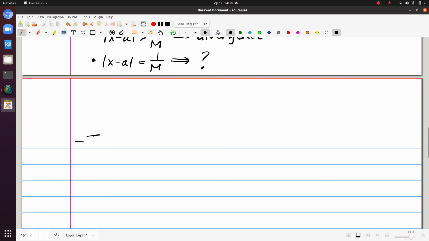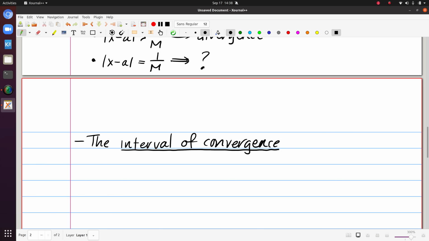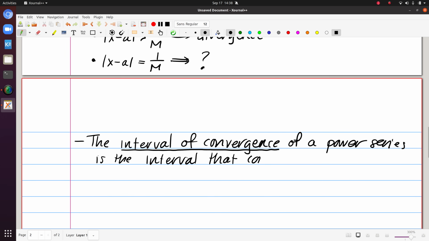So the interval of convergence, as opposed to the radius, is, as it sounds, an interval of real numbers, and for a particular power series, this is the interval that contains all values of x for which the power series converges.